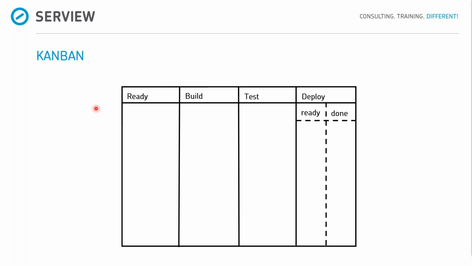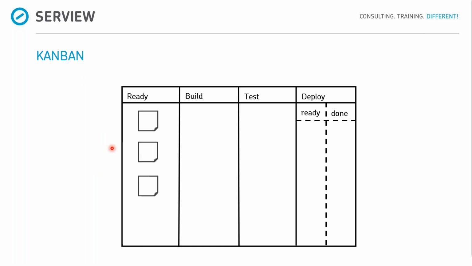So how can you use Kanban? You can create a simple board like this, but you also can create and customize a Kanban board according to your individual needs. In the first column, you see the whole work you need to do in form of tickets, which are ready to be processed.